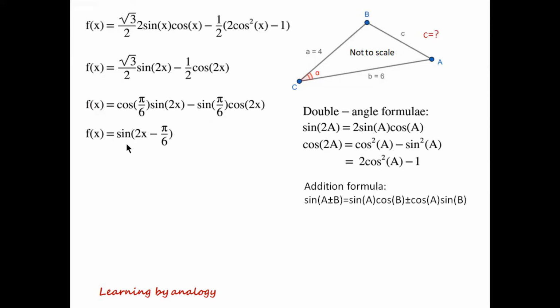Now we apply the addition formula and we have cos π/6 sin 2x − sin π/6 cos 2x equals sin(2x − π/6). Because f(α) = sin(2α − π/6) = 1/2, 2α − π/6 equals π/6, or equals 5π/6.